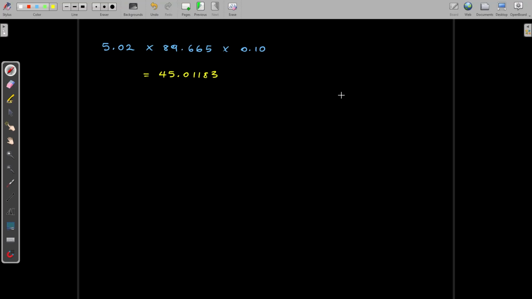Now let's say we wanted to round this off to two significant figures, then to 4 significant figures, and then 3.